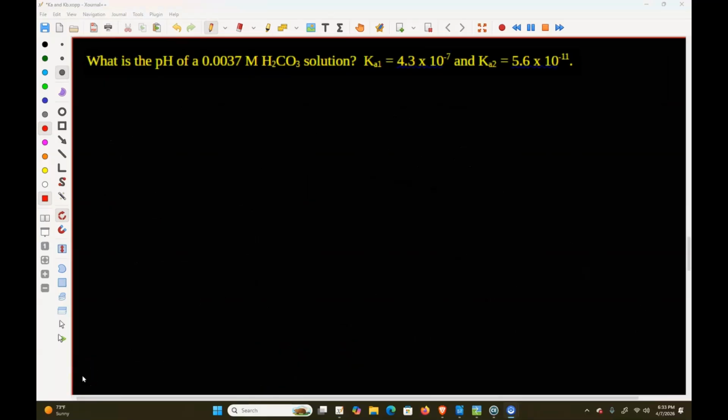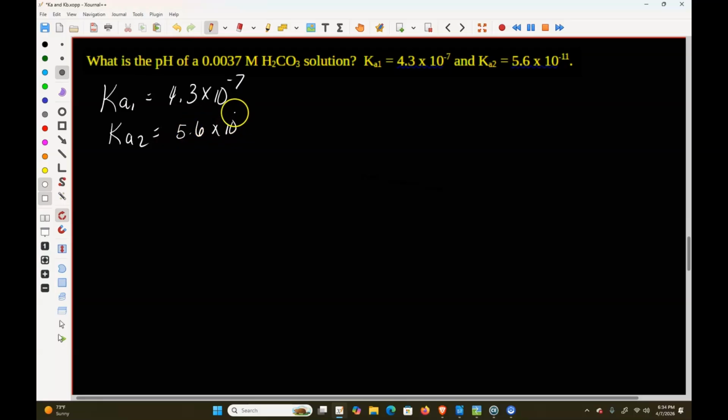Sometimes you'll be given a diprotic acid, such as H2CO3. Since this is diprotic, I have to have two Kas. Ka1 is 4.3 times 10 to the negative 7. Ka2 is equal to 5.6 times 10 to the negative 11.